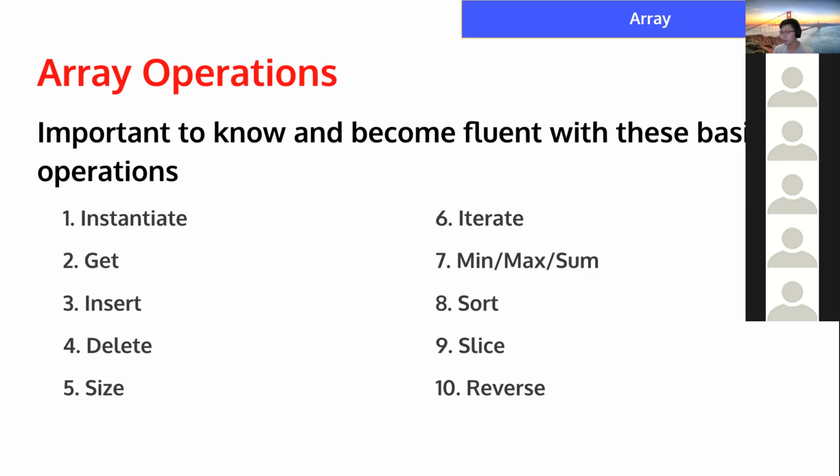This is helpful when you want to get a certain section of the input and work against that. And then lastly, reversing the order of the elements in the array. So make sure you know how to do these operations in the programming language of your choice, because it will come up a lot in your coding exercises.